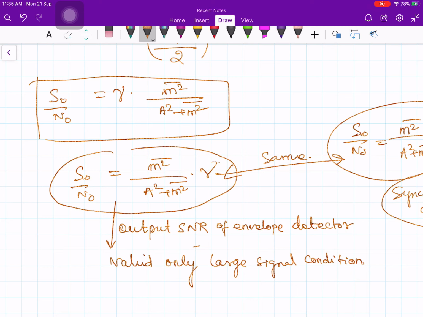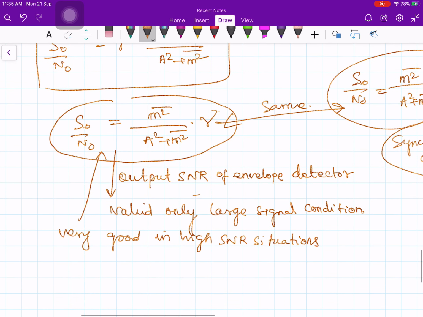Basically what we are saying is, in high SNR situations it hardly matters. This expression is very good in high SNR situations, and we cannot use it under low SNR condition.